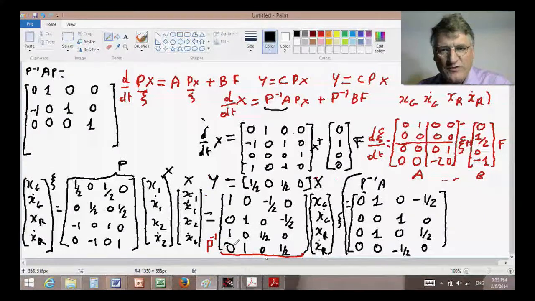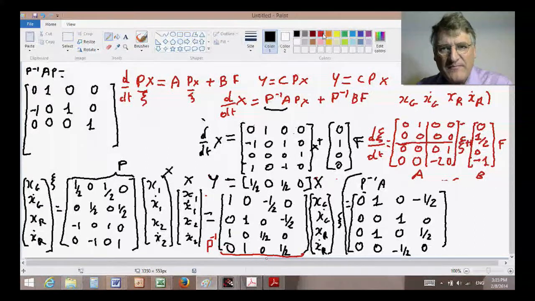So let me recompute P inverse times A. The last row, third column, 0 times 0 plus 1 times 0 plus 0 times 0 minus 2 times 1/2. I knew it.